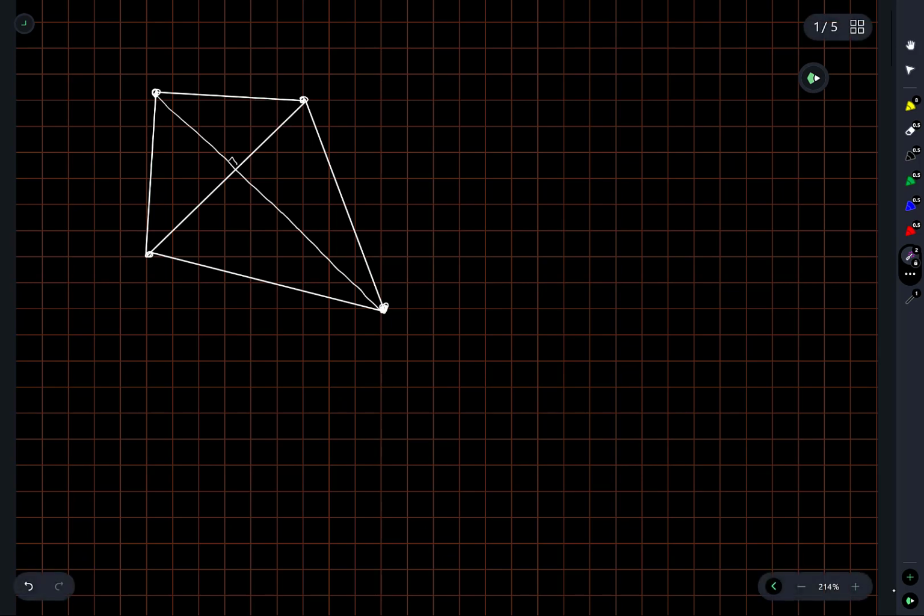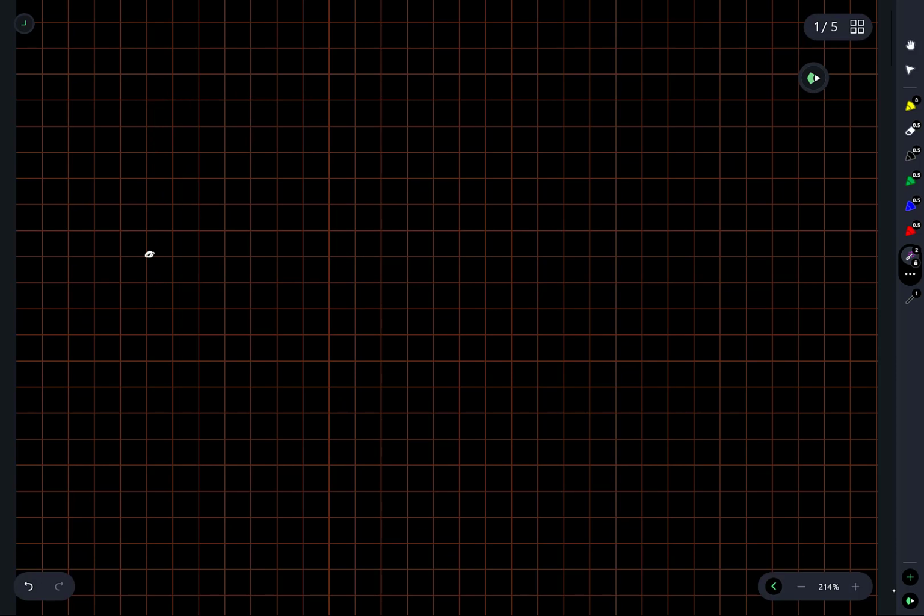It could have different height and length, but we're going to end up with a parallelogram after that. So I'm going to draw 4 points like this. Okay, so we've got a parallelogram.